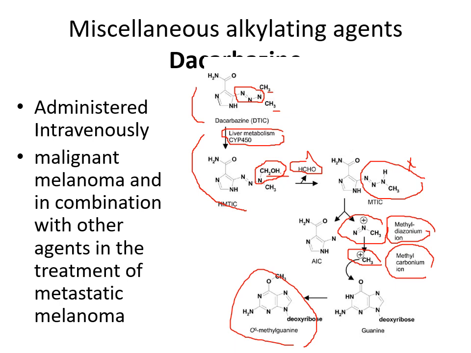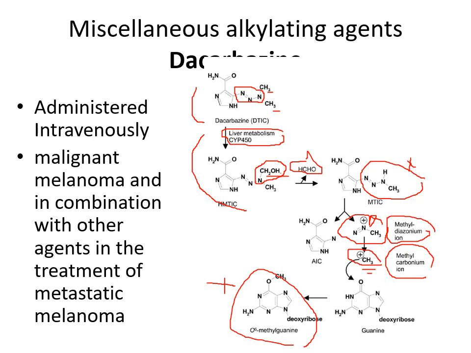The N triple bond N leaves, taking the electrons in the bond, and leaves basically as nitrogen gas, leaving behind the methyl cation that we call methyl carbonium ion. That methyl carbonium ion reacts with the DNA guanine to methylate or alkylate it, generating the O-methyl guanine. That's basically mutated DNA, it got modified, and it kills the cancer cell.